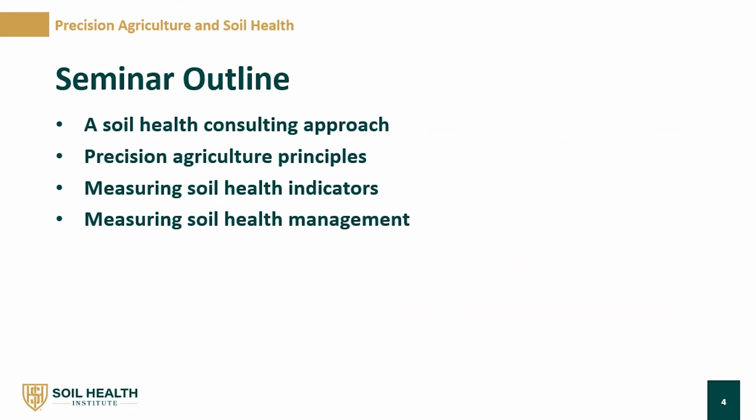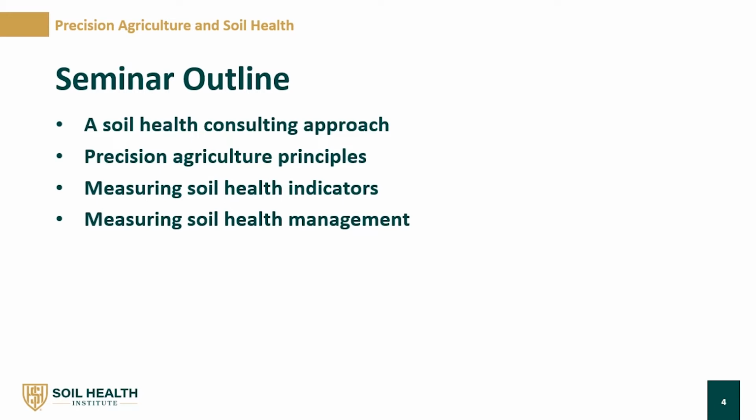So with our introductory material out of the way, I wanted to briefly outline the topics for today's discussion. We'll start with a brief introduction to the aspects of integrating soil health into your current CCA consulting practice. Next, we'll introduce or refresh you all on some of the principles of precision agriculture. What are the fundamental ideas around precision agriculture?